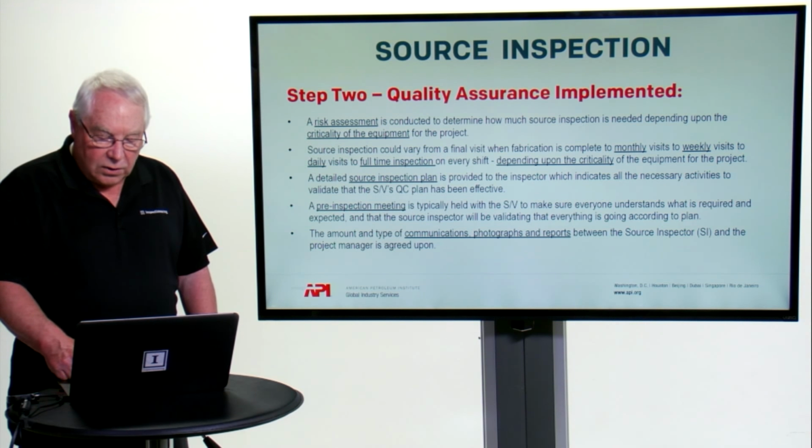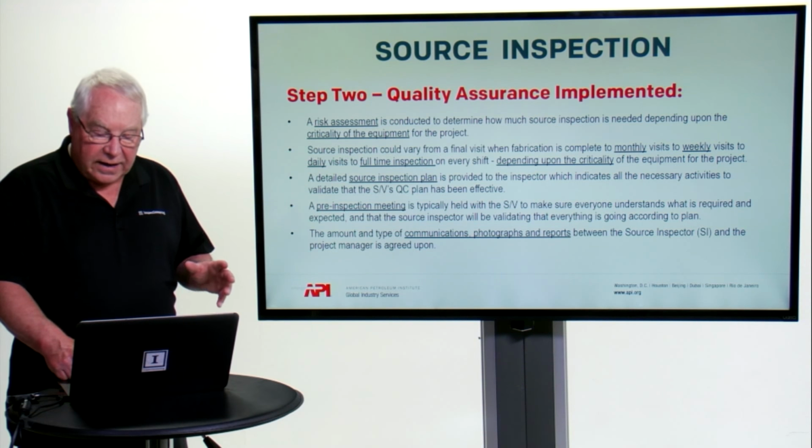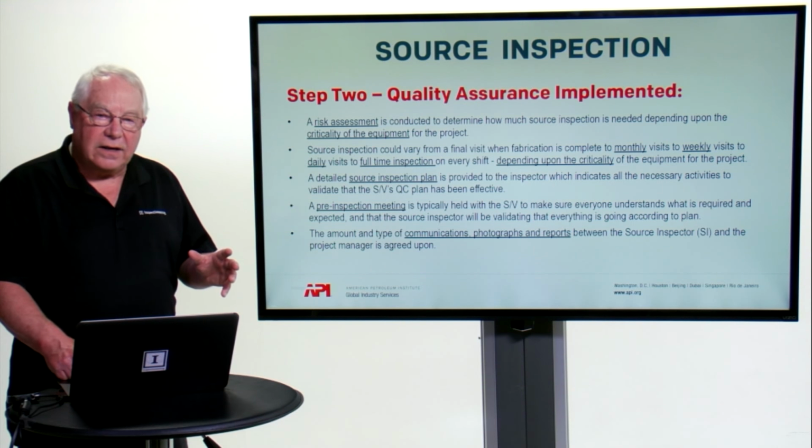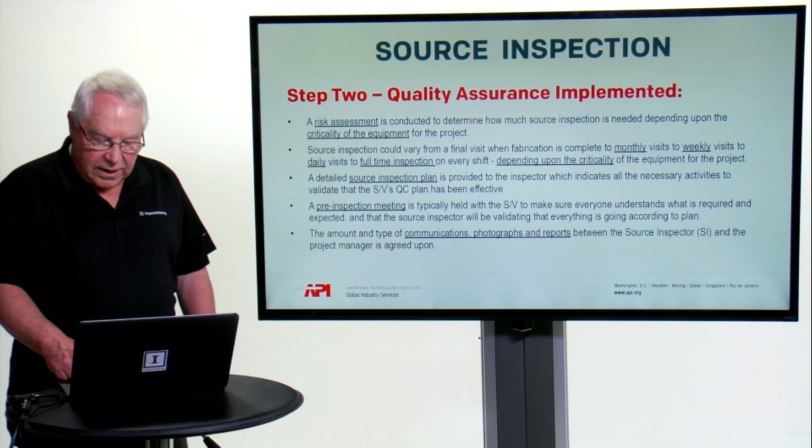In step 2 also, a source inspection plan is provided to the inspector, which indicates all the necessary activities that he or she is expected to apply in order to validate that the supplier vendor has met the appropriate specifications that were established in step 1.